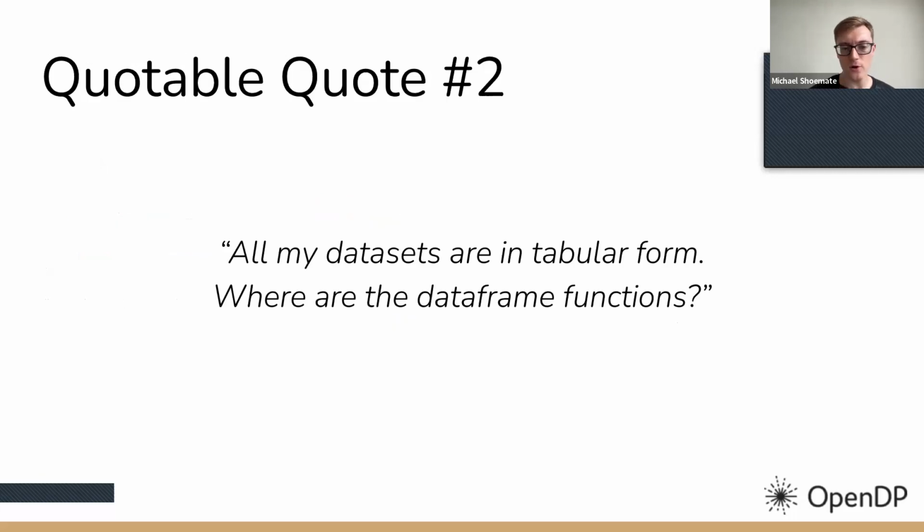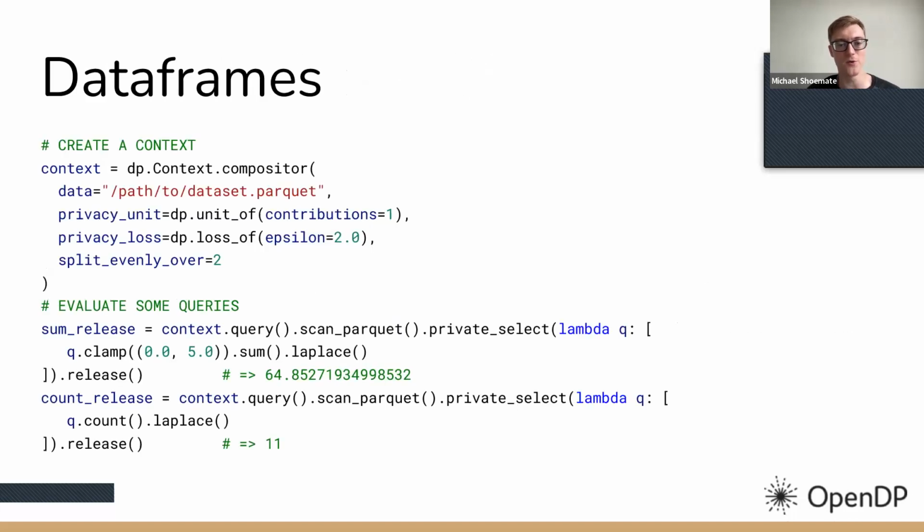So quotable quote number 2: all my data sets are in tabular form. Where are the data frame functions? We've had some limited support for data frames in the past, but we're really biting the bullet and going for polars, which is a similar library to pandas.